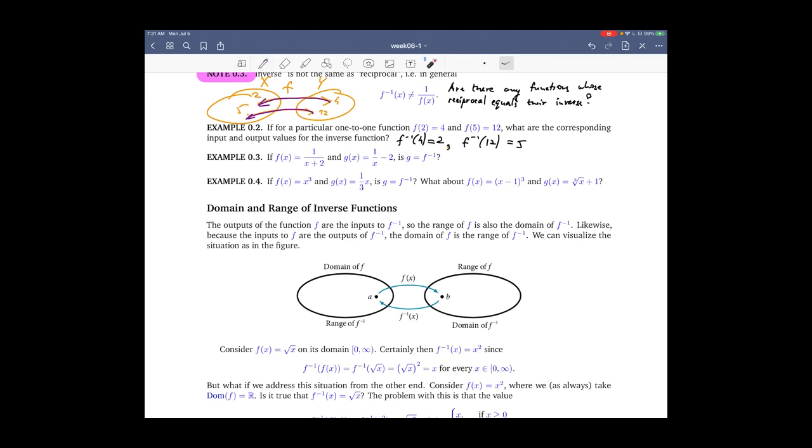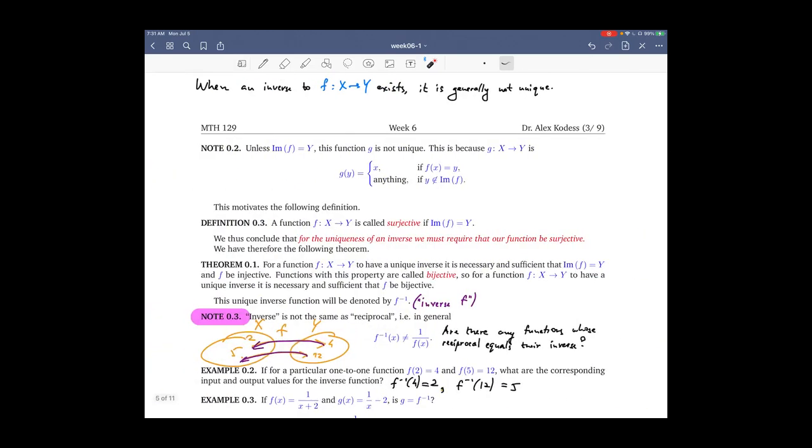Example 3. f here is 1 over x plus 2 and g is 1 over x minus 2. The question is asking, is g an inverse of f? Let us work on this on a separate page.